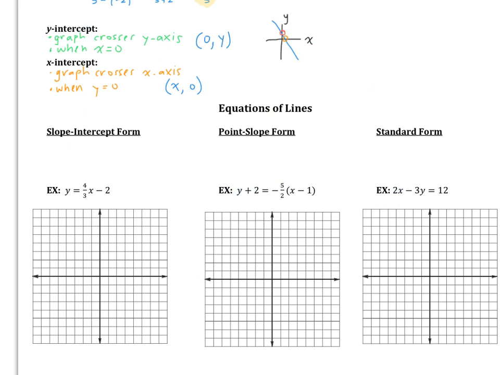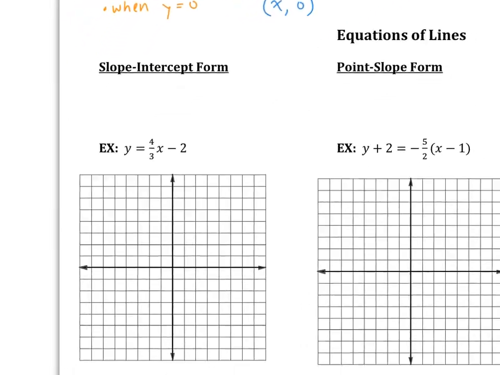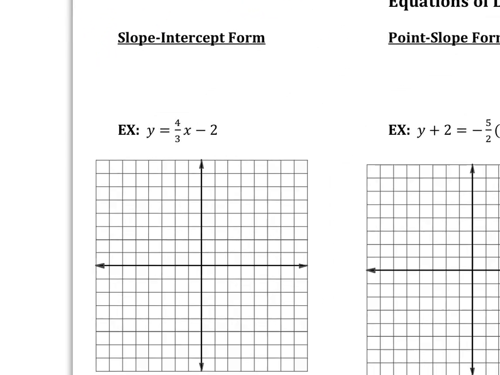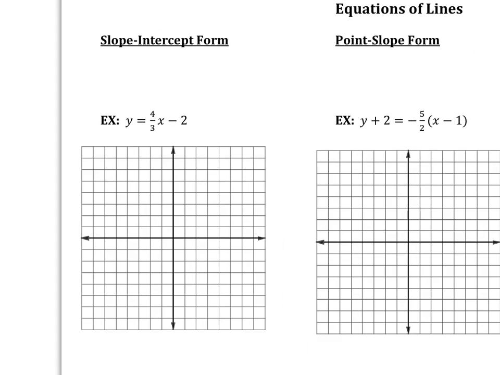Now we're going to get into graphing. Okay, so we're going to do a quick refresher of the 3 different forms of lines that we're going to look at, and then we'll graph each of those, and I'll talk about the expectations that we need to show. All right, so our first one is probably the one that we are most familiar with and most comfortable with, and that's our slope-intercept form.